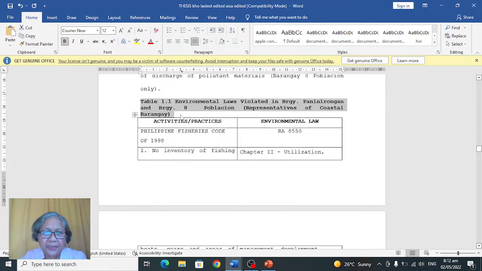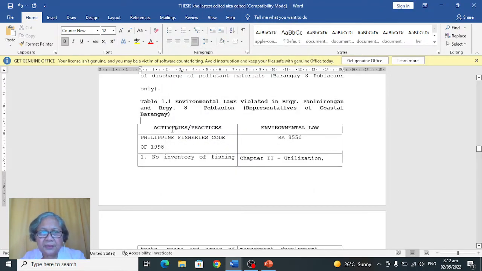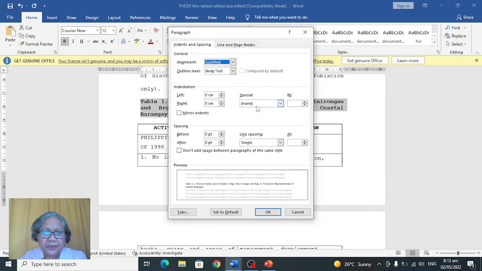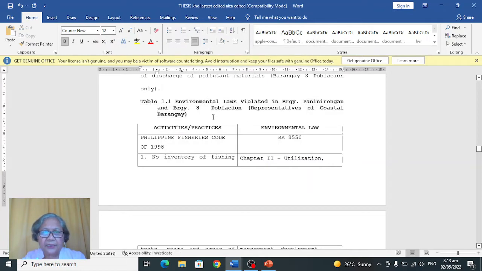Okay. Then, you make a single space between the table title and the start of the paragraph. Normally, what we do with the table title is that nakahanging indent siya. Okay, hanging indent siya.